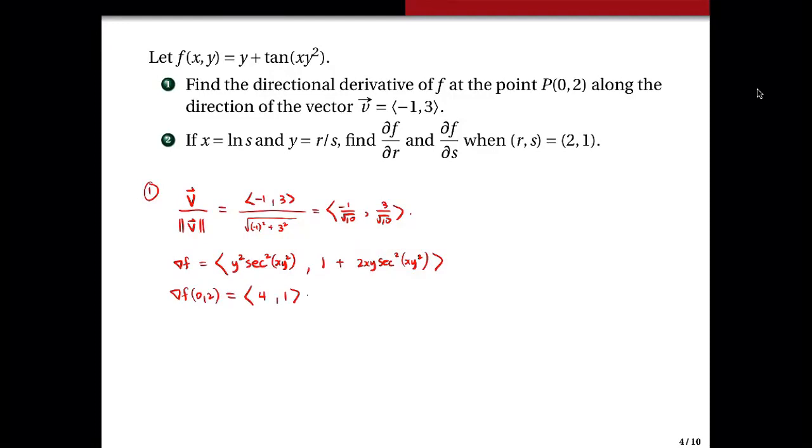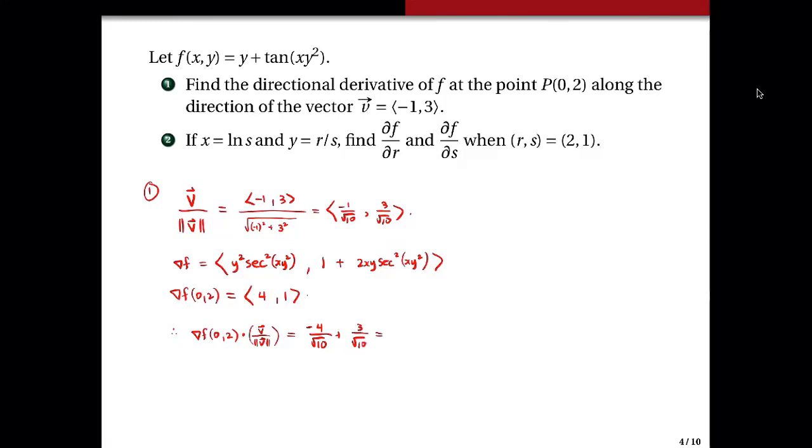Therefore, the directional derivative will be the dot product of the gradient of f evaluated at (0, 2) with that unit vector, v divided by the norm of v. So this is equal to, let me write the answer immediately, negative 4 over square root of 10 plus 3 over square root of 10.